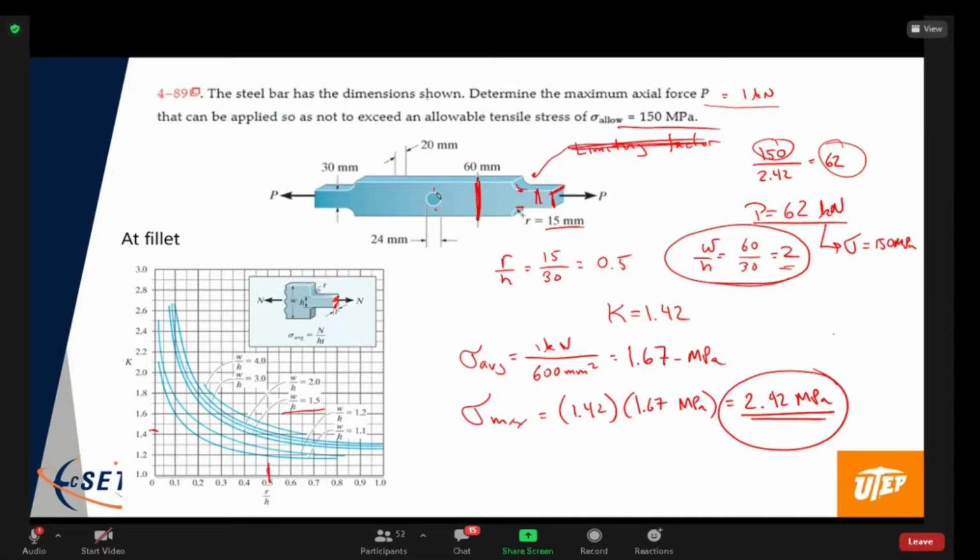It's hard to see in here, but that is W over H equals 2, and it's showing you that it's actually that curve right there. Does that make sense? Yes. So that's the curve I want to look at. Now, where I'm going to look is where R over H is a half, kind of right there. You know what I mean? And I brought that over. Yes, I got it. Thank you.